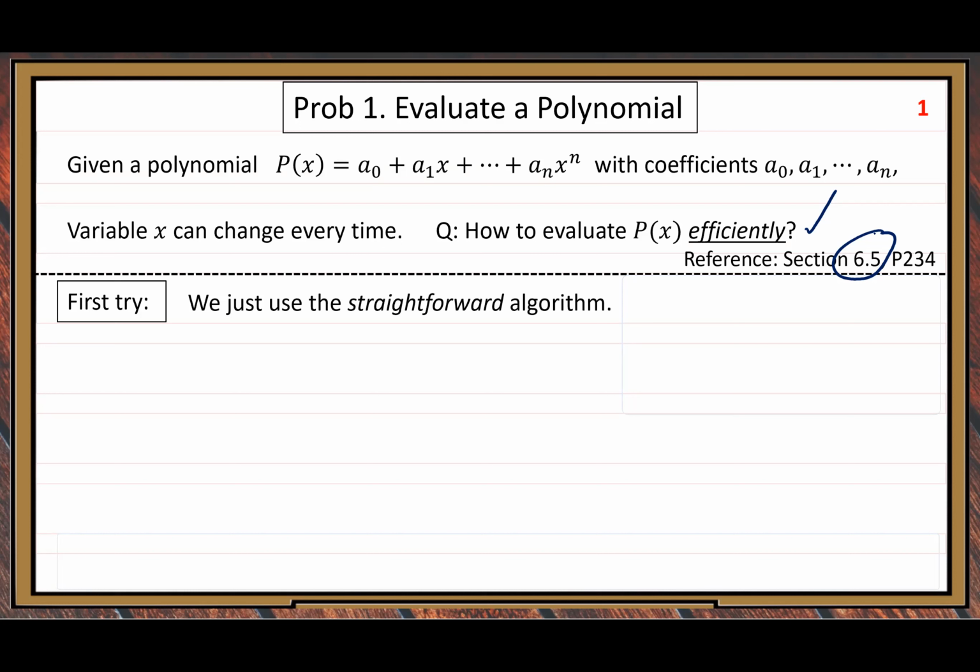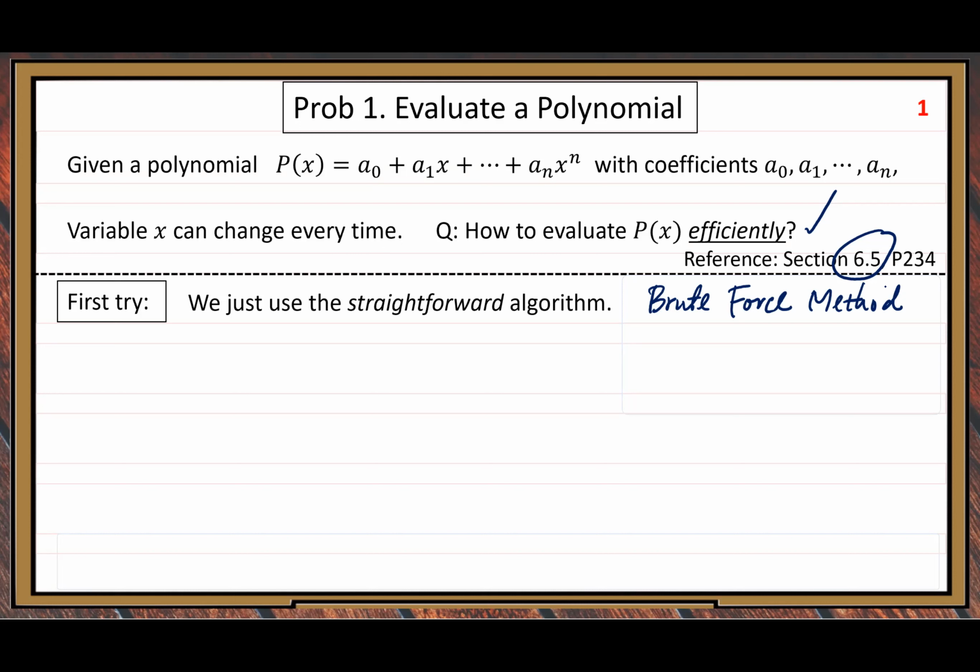We have a name for it. Later, we call this the brute force method. So our first method here applies the brute force method, the simplest possible method.